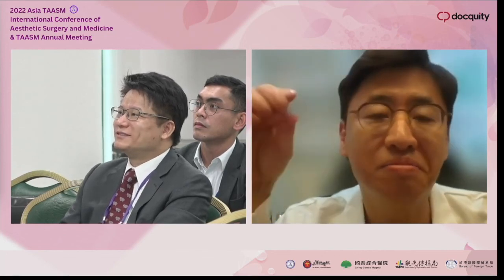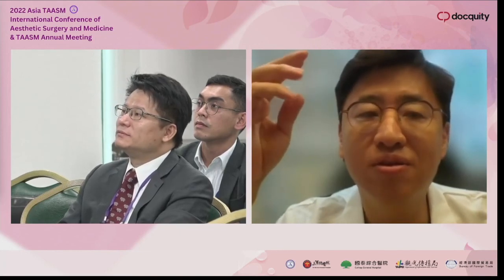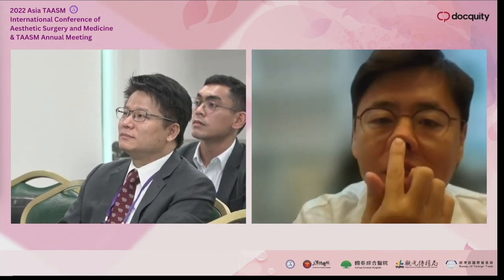Maybe the secret of the low complication is that silicone augmentation is only for the dorsum. For the tip, you have to use autologous cartilage like septal or ear cartilage. For the dorsum, no problem at all. Only the mobile part is a problem when it is contracted like this. So for the mobile part, you have to use the autologous cartilage. But for the dorsum, silicone, no problem, I think.